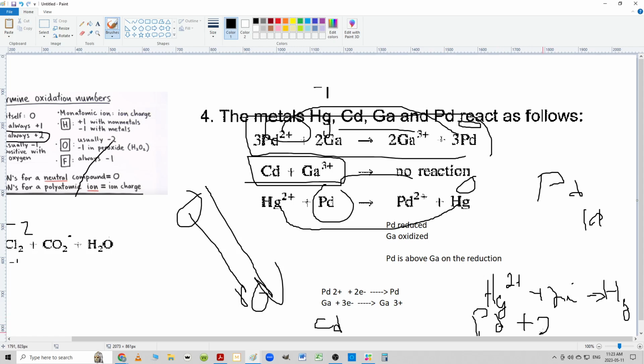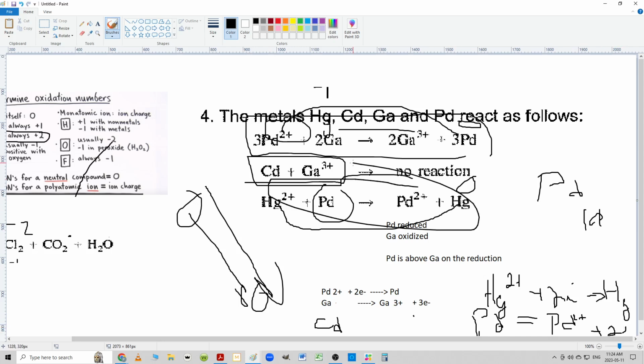It had to lose 2 electrons. So that means, oh yeah, I've written it as reduction over here. If GA is losing the 3 electrons, it must be written over here. My apologies. And then PD over here lost 2 electrons, so it's written as PD2+ plus 2 electrons over here.